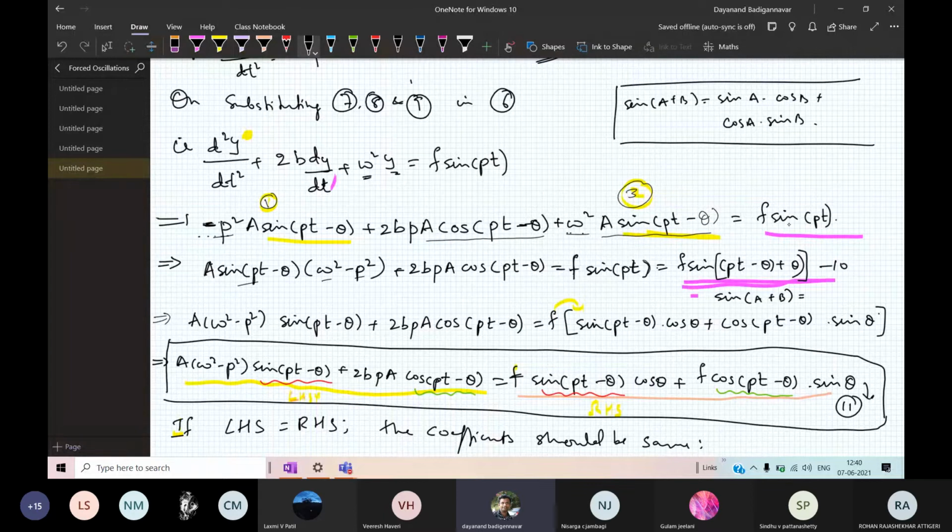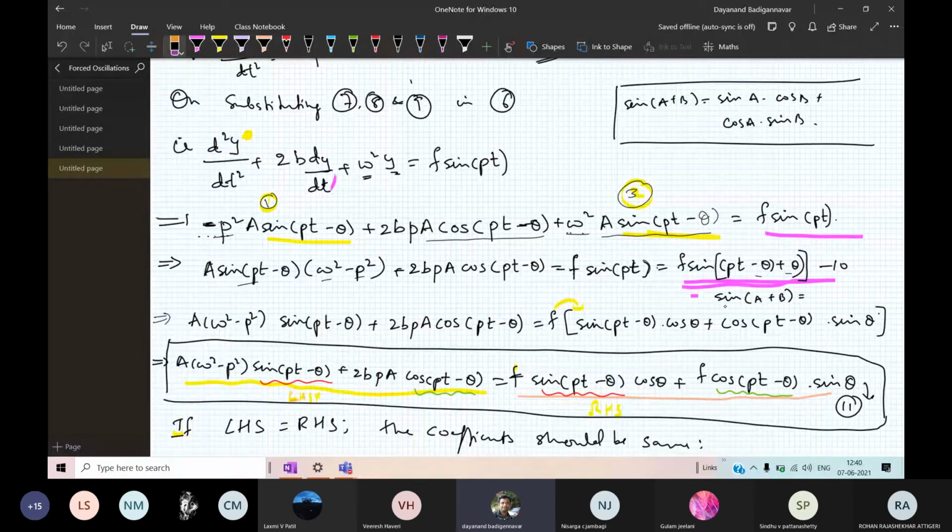For the sine pt, I have done one simplification here. I have added minus theta and plus theta, just for easy simplification. The next step, I will expand this with the help of the sine of a plus b identity.